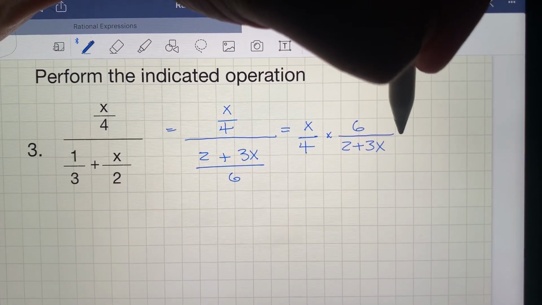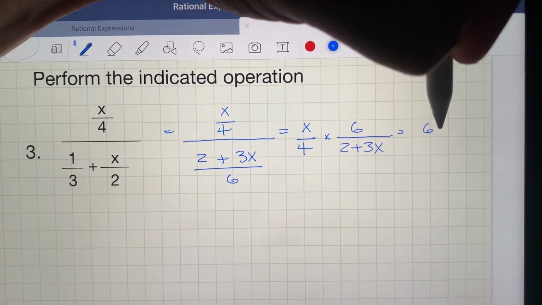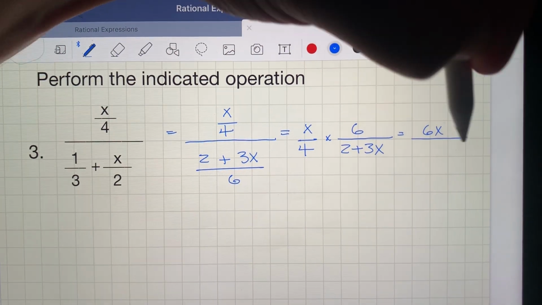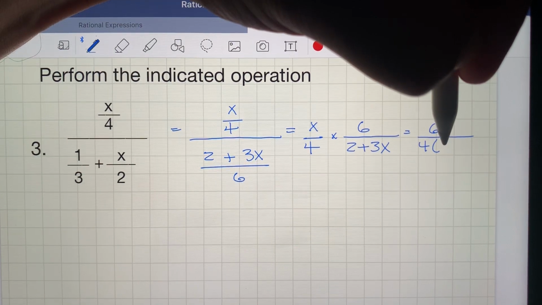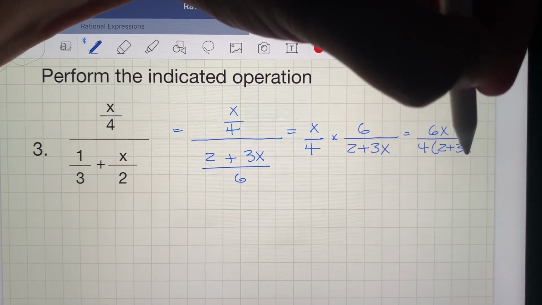After multiplying these terms, then I know that I have 6x divided by 4 times 2 plus 3x.